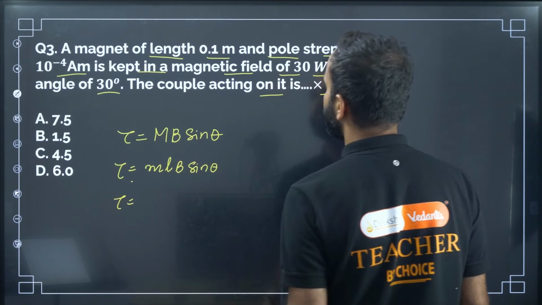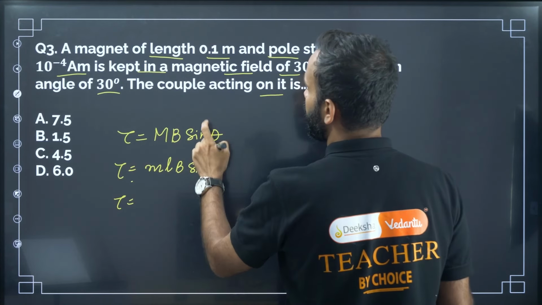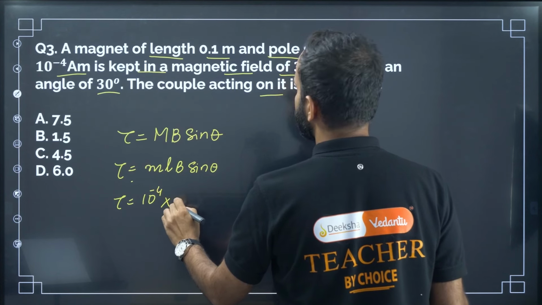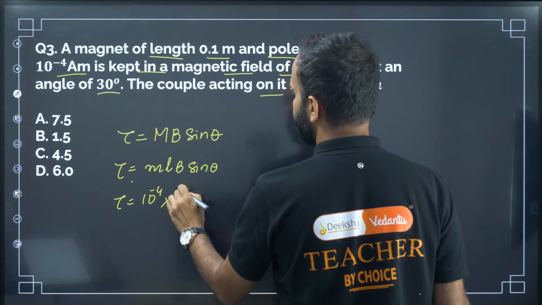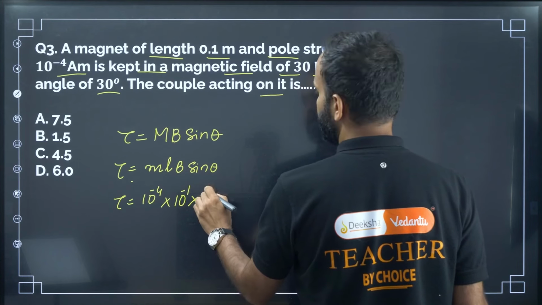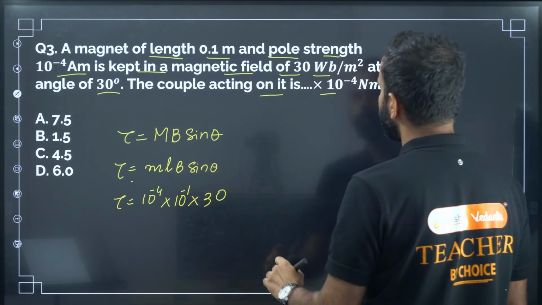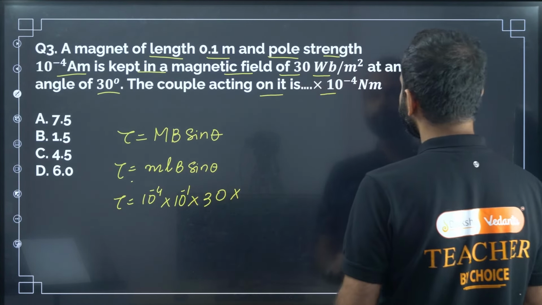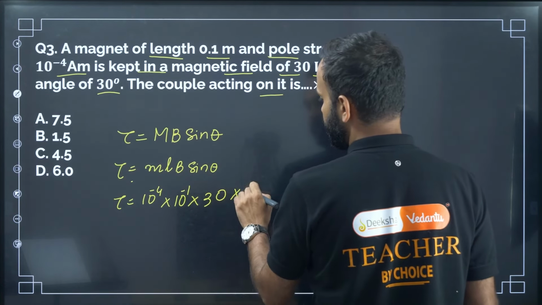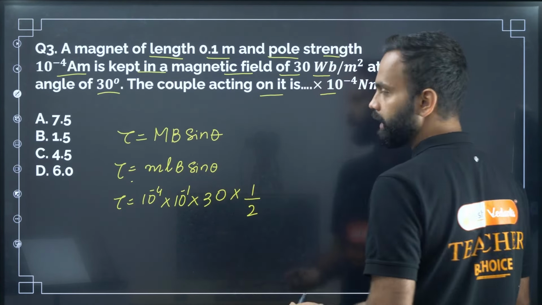So tau equal to m, which is 10 to the power minus 4, into L, which is 10 to the power minus 1 meter, into B, which is 30 Weber per meter square, into sine 30 degrees, which is 1 by 2.